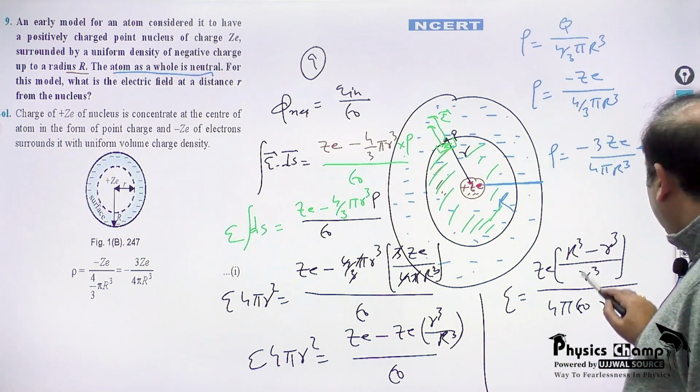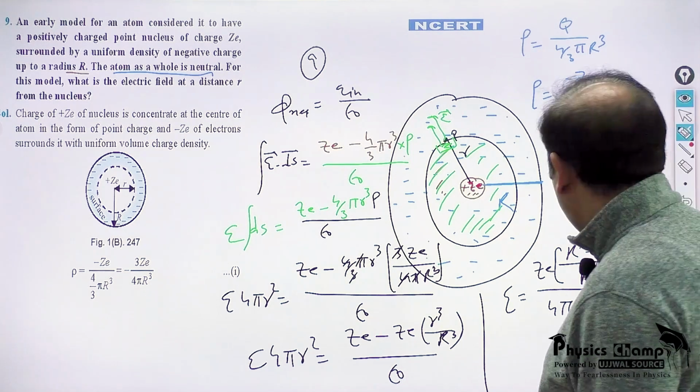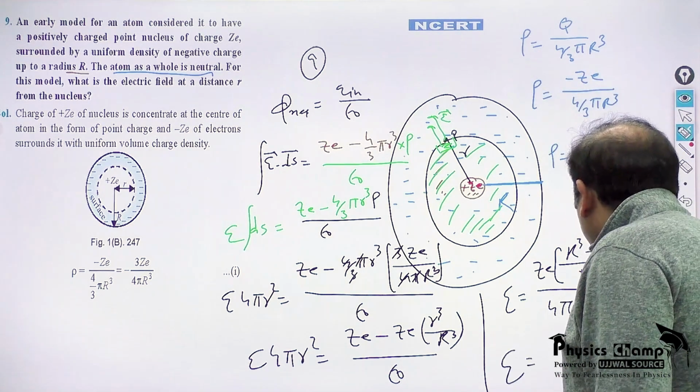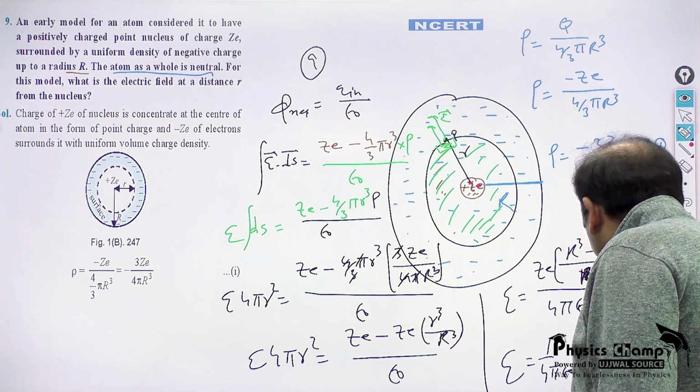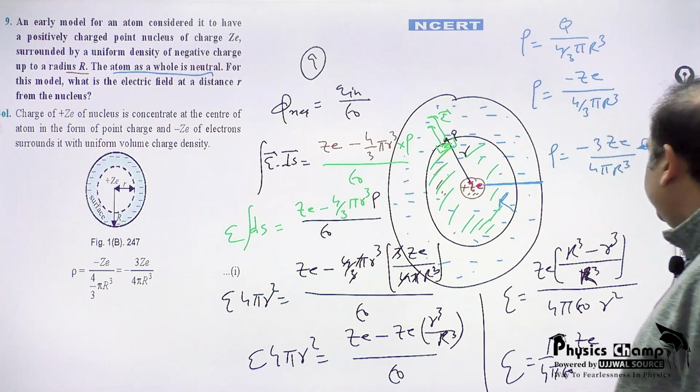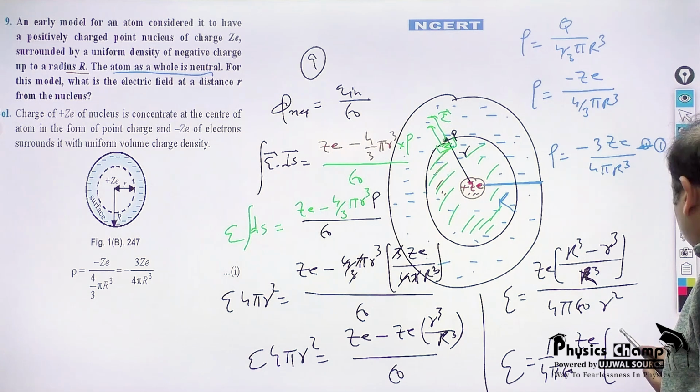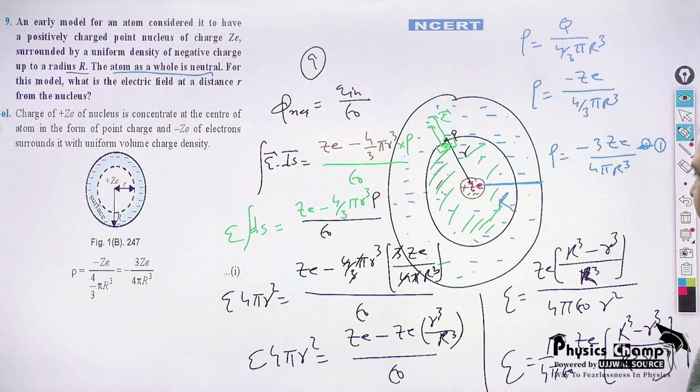So the electric field would be 1 by 4 pi epsilon naught Ze into R cube minus small r cube by capital R cube into r square. This is giving you the electric field at a distance r from the nucleus.